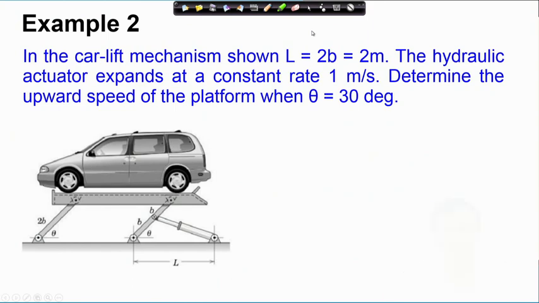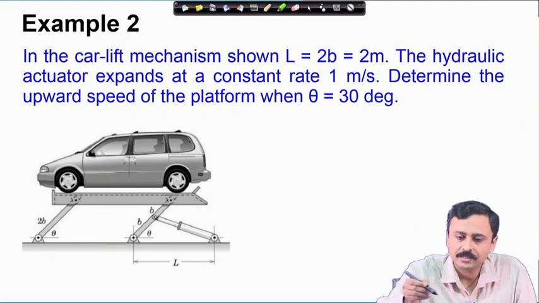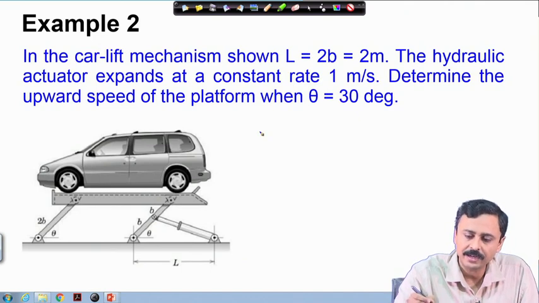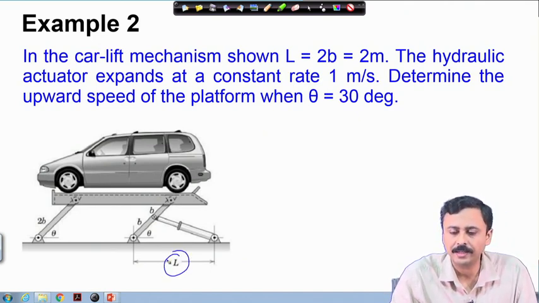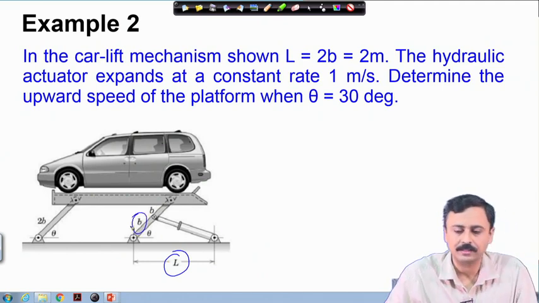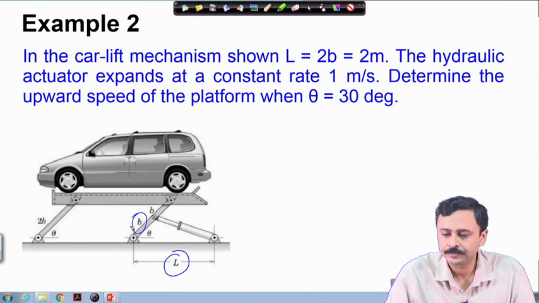In the next example, we are going to look at this car lift mechanism. In this mechanism, it is given that this length L is equal to 2 times this length B, and this length is 2 meter.